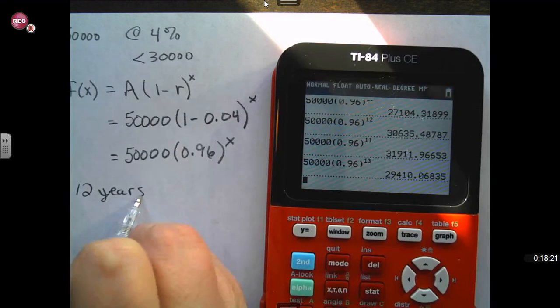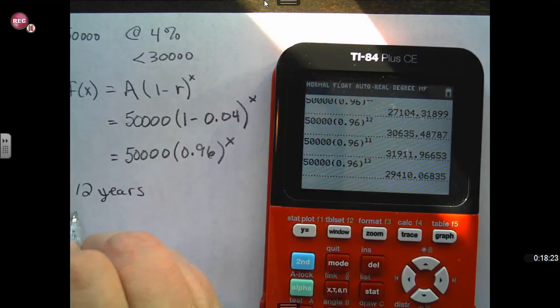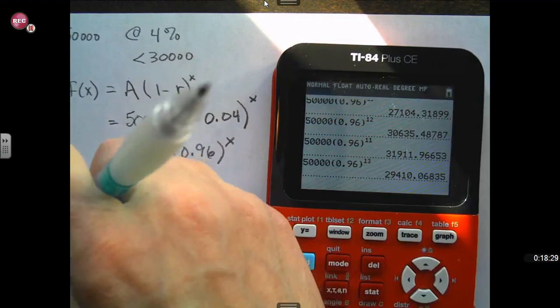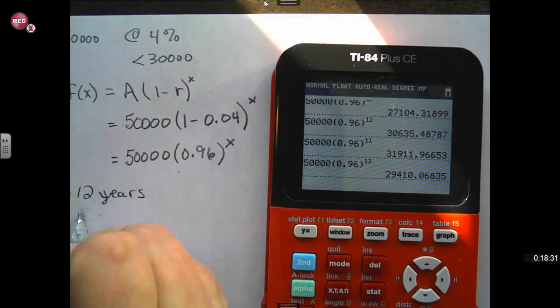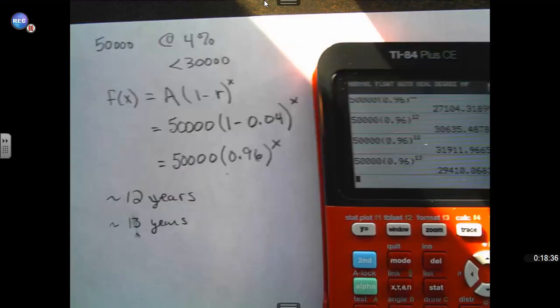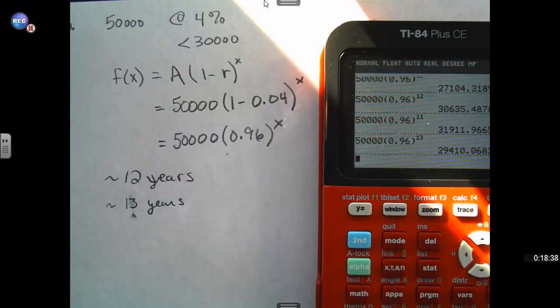On a problem like this, I would also probably accept 13. That little squiggly just means approximately, so I would probably accept either one of those answers.